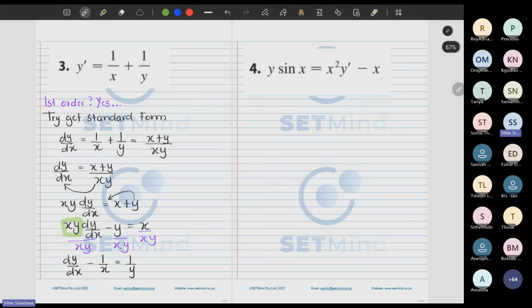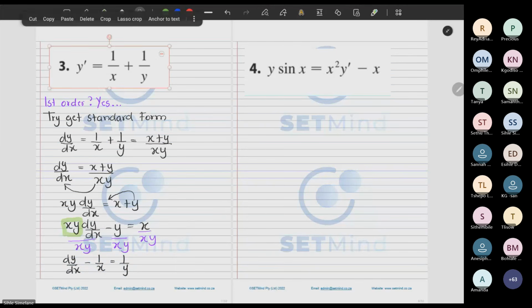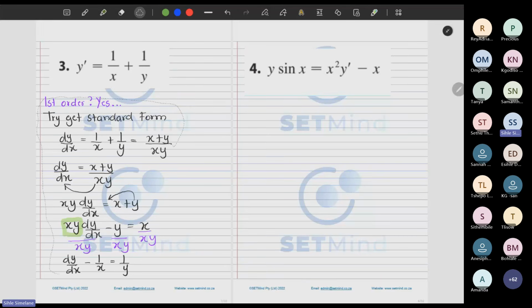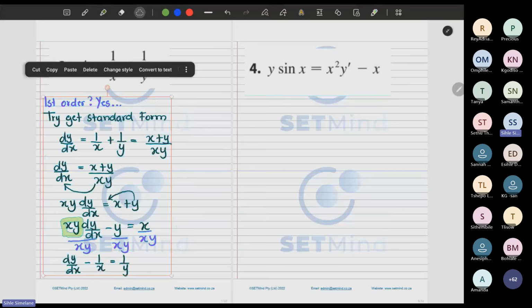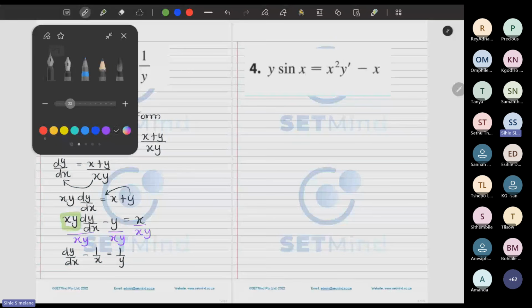So now my question, guys, is, is this linear? Looking at what you learned from a first order linear differential equation, how it looks, is this linear?